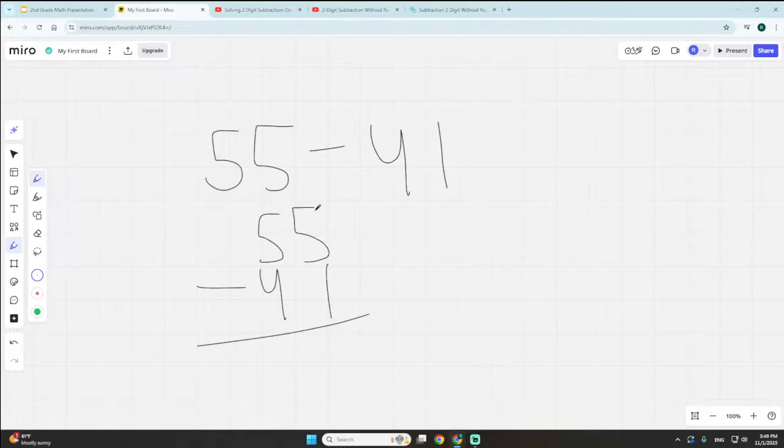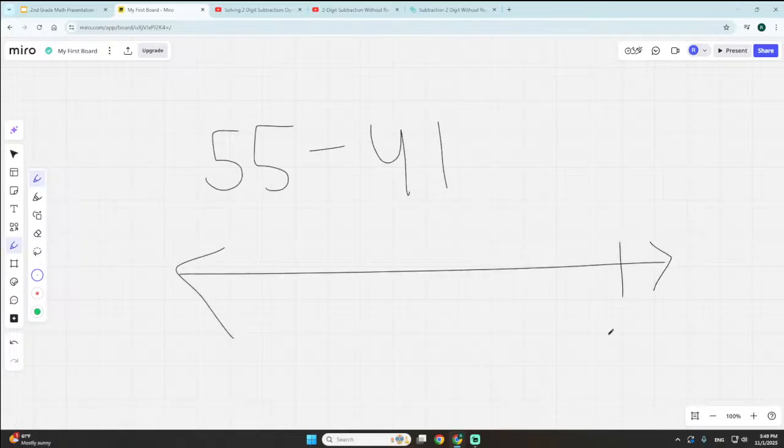So in the ones place, oh sorry, we're doing a number line here. That is my mistake. So we have 4 in the tens place. So that would be 4 jumps.